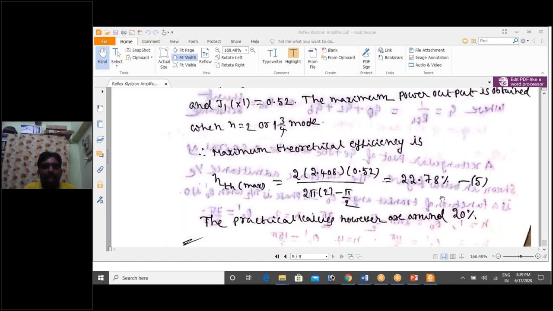But when I implement the same thing in a practical approach, in a laboratory, doing the same procedure, we observe that in practical applications, in our labs or in industrial applications such as radar or satellite, the efficiency is approximately 20%.